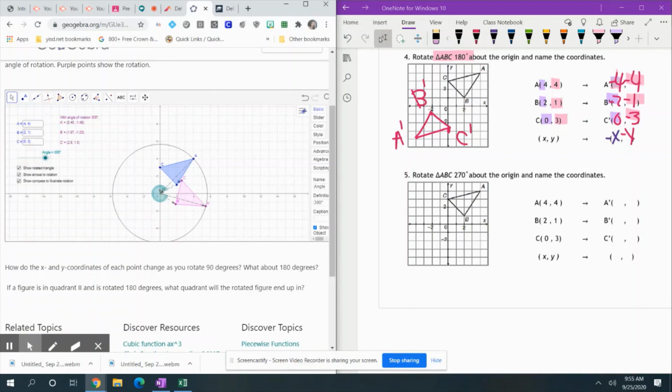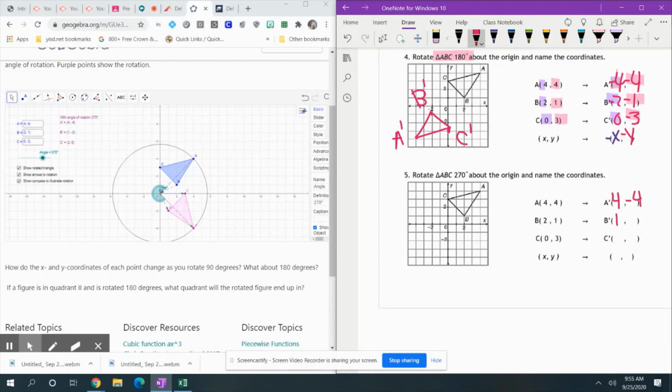That's 300, 295, 290, 285, 275, 270. So that would be a 270 degree rotation. And so our new points are going to be (4, -4), (1, -2), (3, 0).